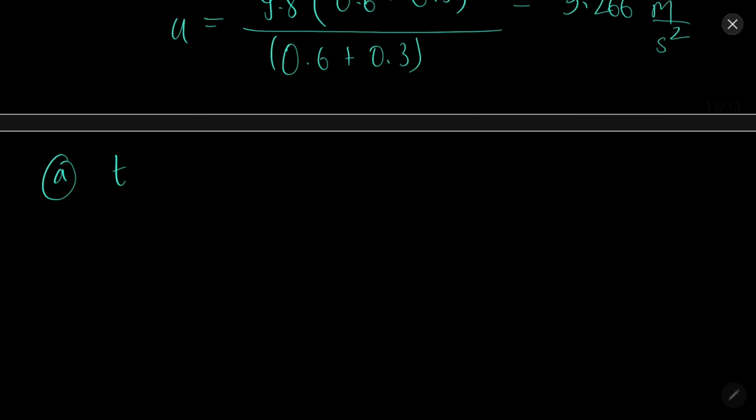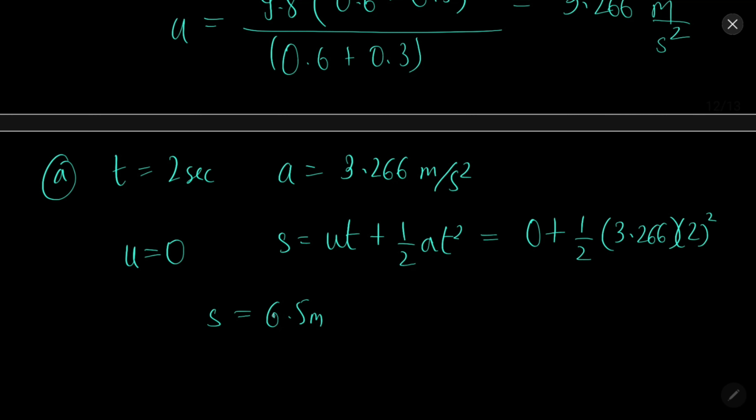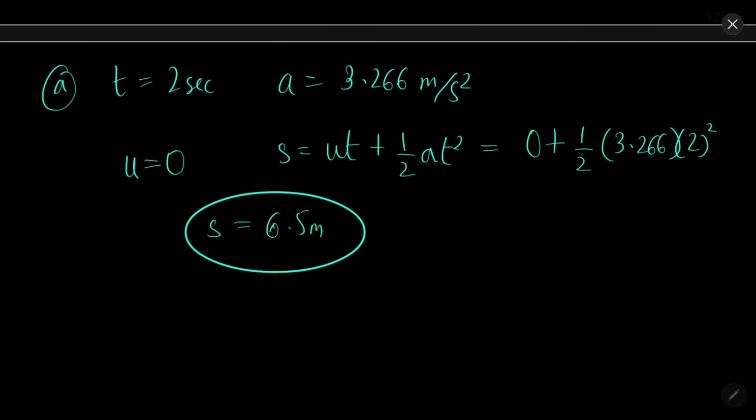Now t equal to 2 second, acceleration is 3.266 meter per second square. Initial velocity is 0, so the displacement ut plus half at square, 0 plus half times 3.266 times 2 square. So displacement will come out to be 6.5 meters.